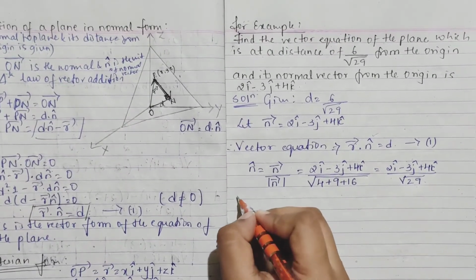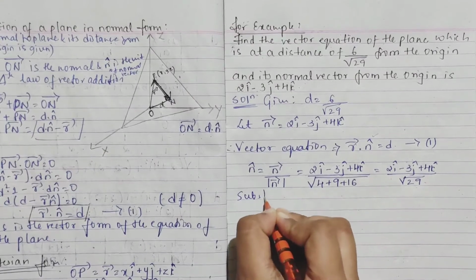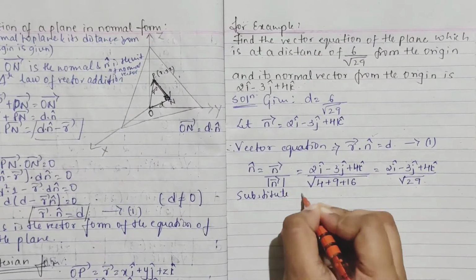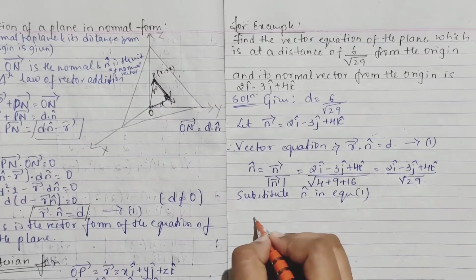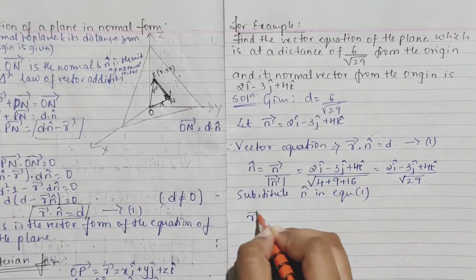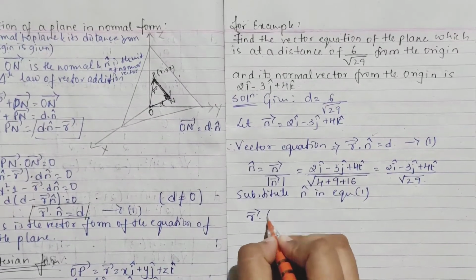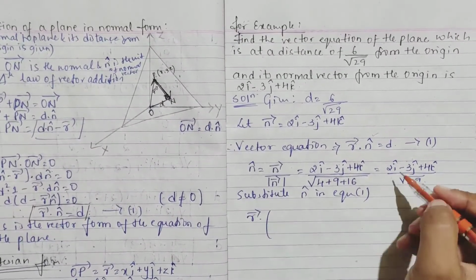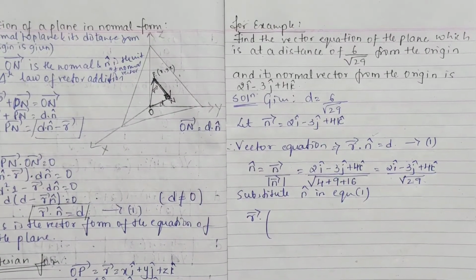Hence we will substitute n cap in equation 1. So we get vector r, we don't know what it is, so we are keeping it as it is. Your n cap you have to divide separately.